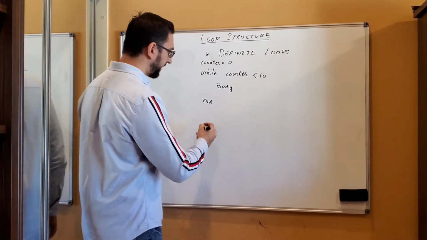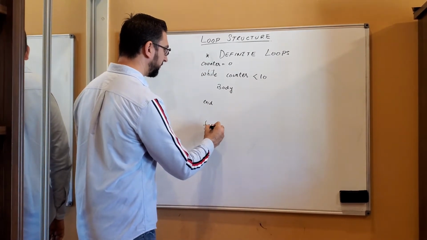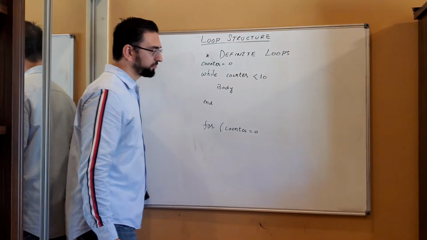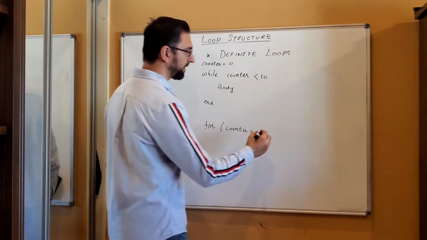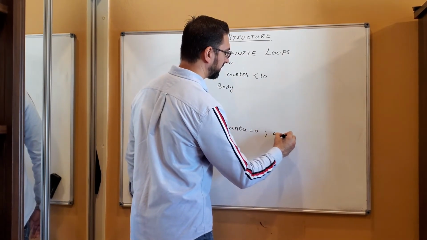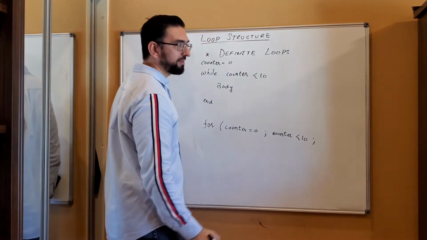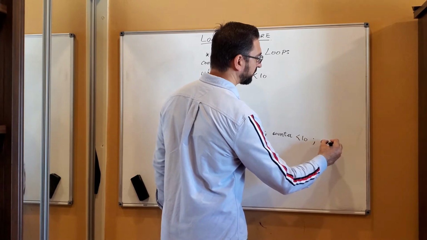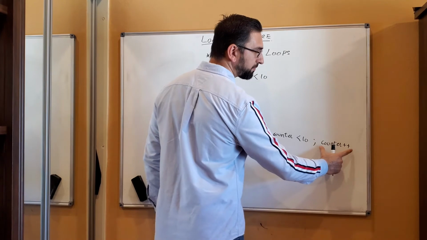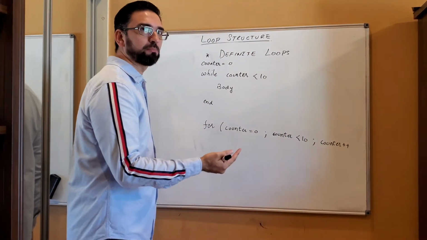Let's see how a for loop can be implemented to provide the same logic. We say for counter equals 0. Here we are initializing the counter. We check the condition: counter is less than 10. And then we go ahead and update the counter. A shorthand for updating the counter, in some programming languages, is counter plus plus, which increments the counter by 1.